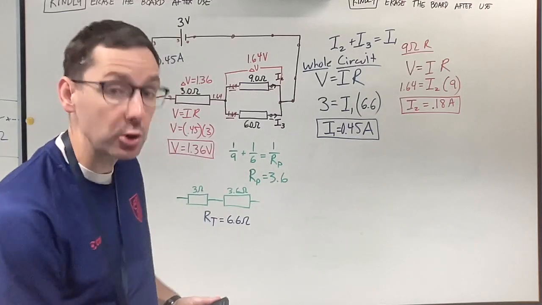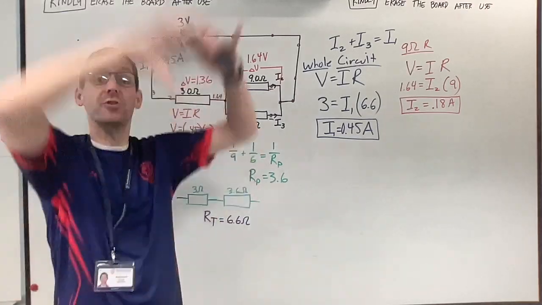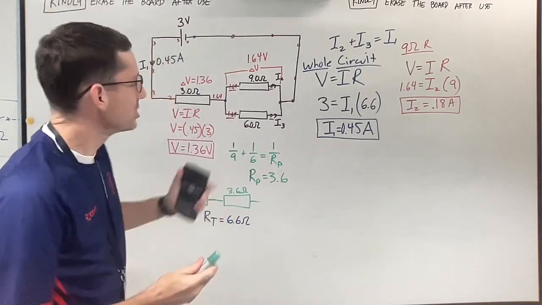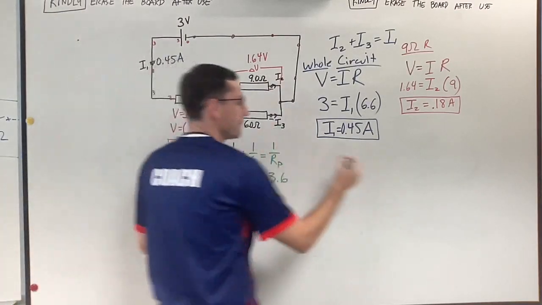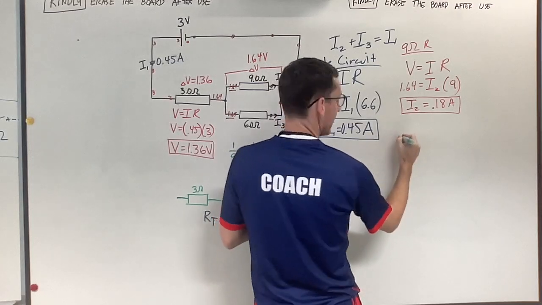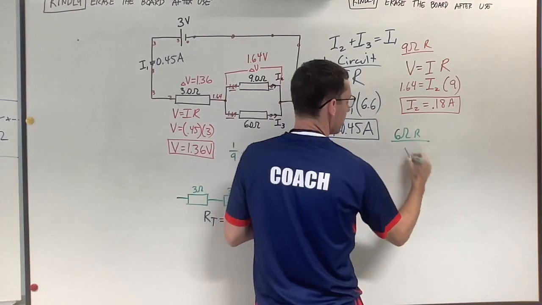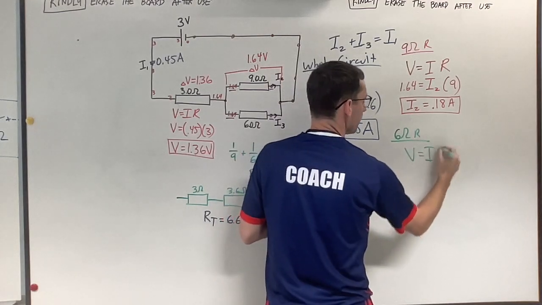We're learning how to use these things both with the whole circuit, but also with individual components, right? So let's look then at I3. If I do I3, that is the 6 ohm resistor. Okay, so V equals IR.